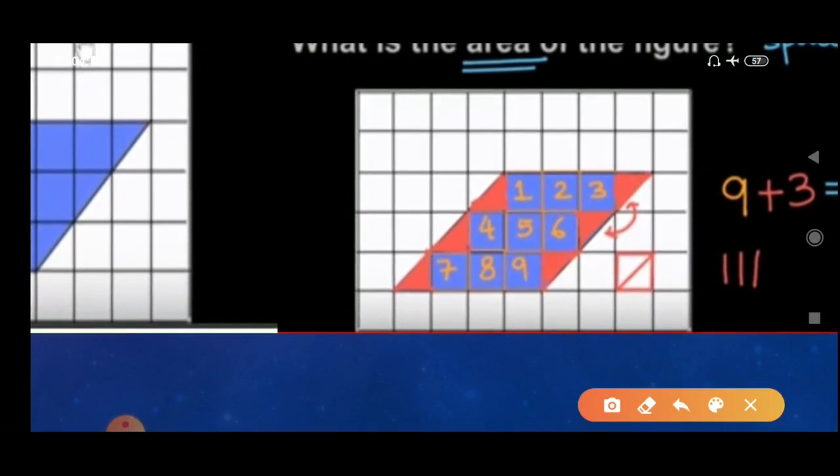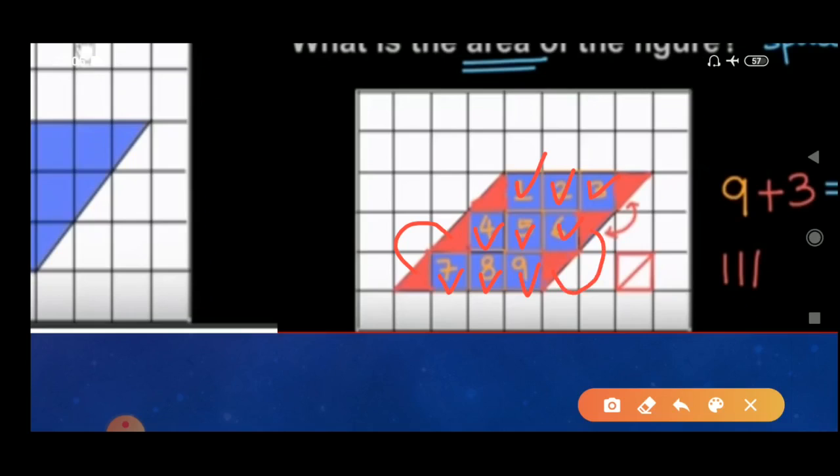I have written numbers over here. 1, 2, 3, 4, 5, 6, 7, 8, 9. These 9 are the full squares. Now let us count. Here we can see this half square and half square will become 1.